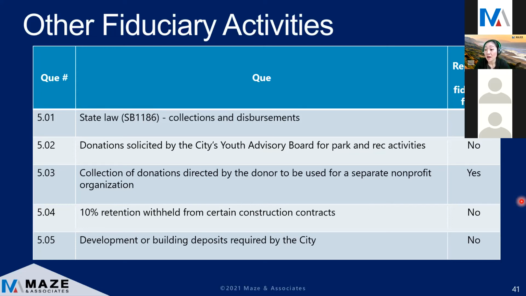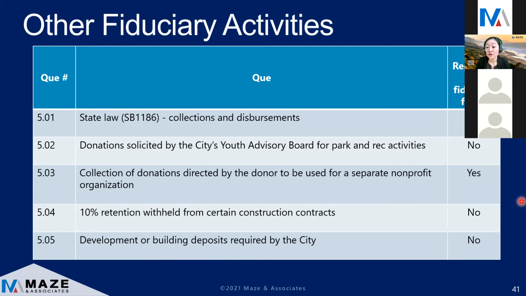How about if you're collecting these donations and just giving them to other nonprofits? Then yes, they should be fiduciary activities, if your only function is to distribute these resources to the nonprofit organizations and you don't have any direct financial or other administrative involvement in it.